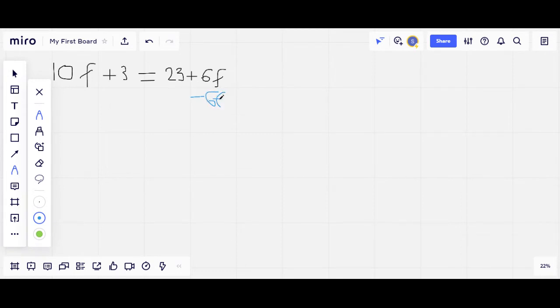So minus 6f. Then on this side, minus 6f. So that'll bring us down here.